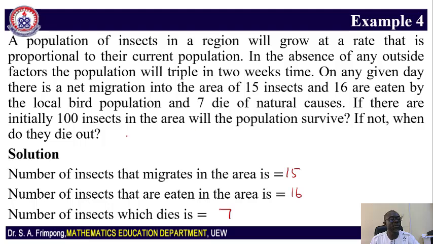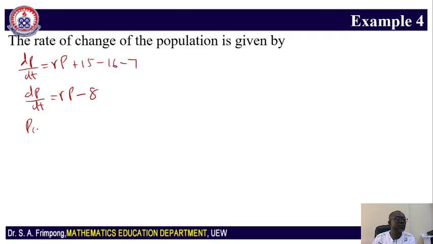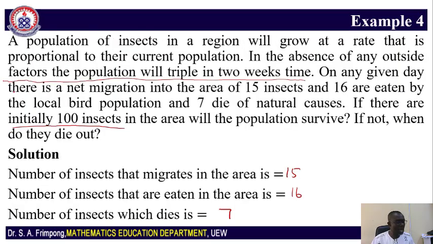And if you go back to the question, you have been told that initially 100 insects were present. So that means that p of 0 is equal to 100, and this is the initial value. But there's a further piece of information in the question. In the absence of any outside factor, that means when these factors were not in play, the population tripled.